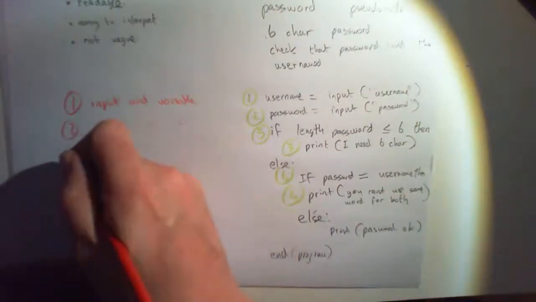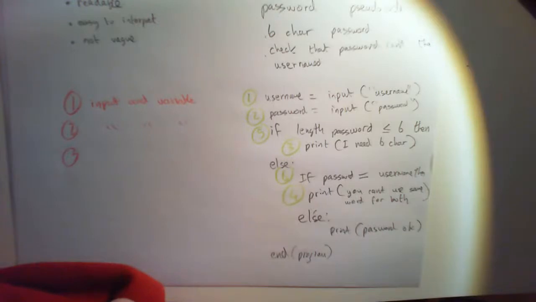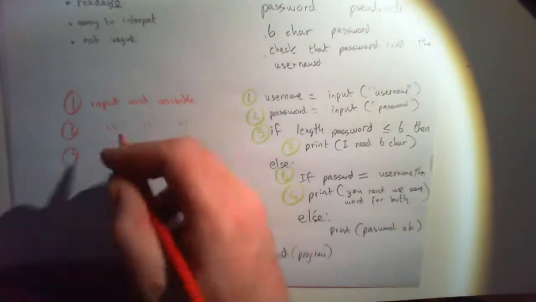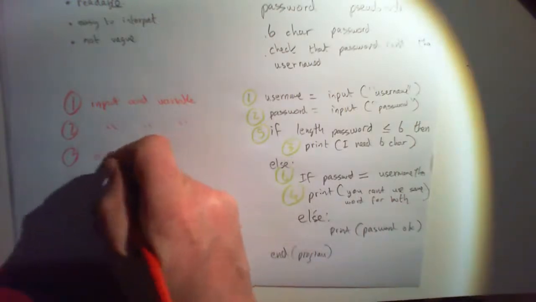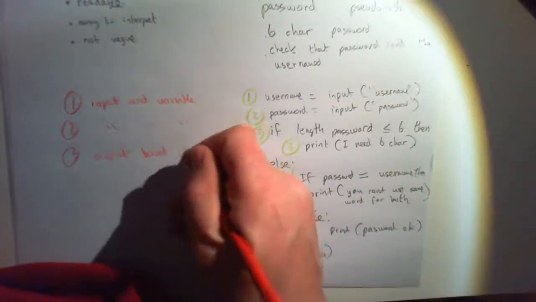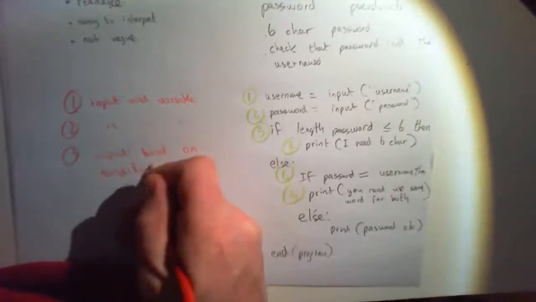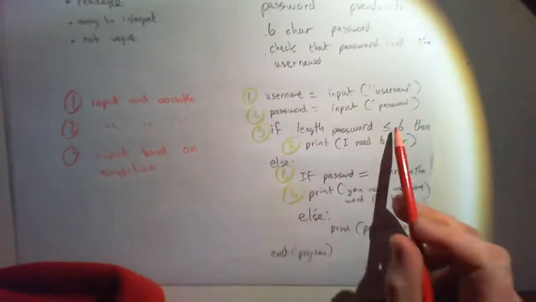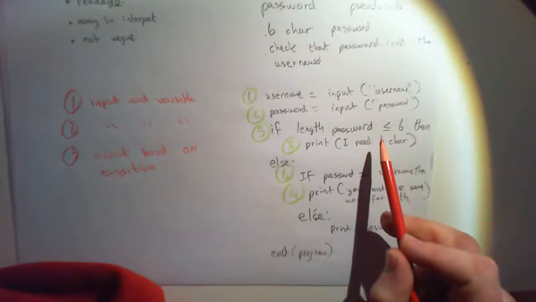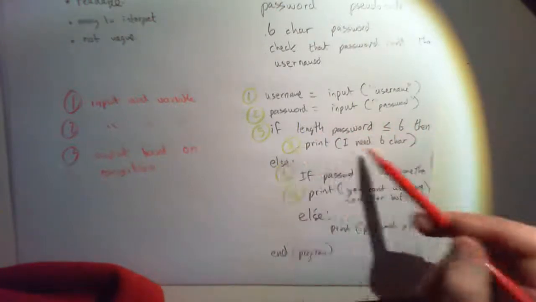Okay, line 3. What's happening with print? I need 6 characters. Well, you're getting an output based on a conditional, aren't you? If it's less, then print that. If it's more, then you're getting a conditional there on line 3.